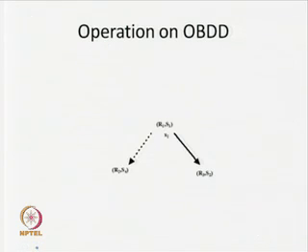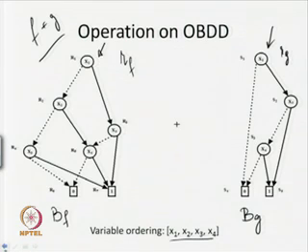Now, I am going to take R1, S1 and you just see that both are having the same variable level x1 and x1. So, we are going to create an x1 node. Low of R1 is going to R2 and low of S1 is going to S4. Similarly, high of R1 is going to R3 and high of S1 is going to S2.